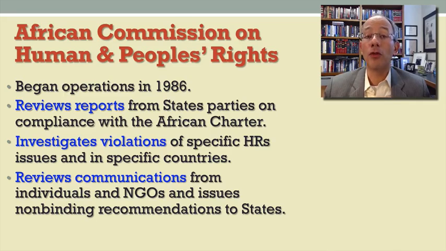The Commission reviews reports from states parties regarding their implementation and compliance with the African Charter. It conducts investigations of specific human rights issues and challenges in individual countries, and it reviews communications from individuals and NGOs, and in response to those communications, which allege violations of the Charter, it issues non-binding decisions and recommendations to states. Those are some of the Commission's key activities.